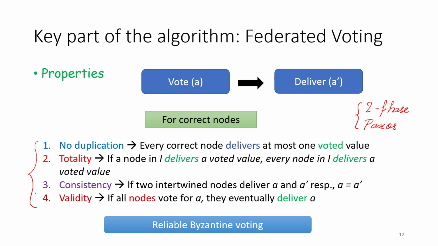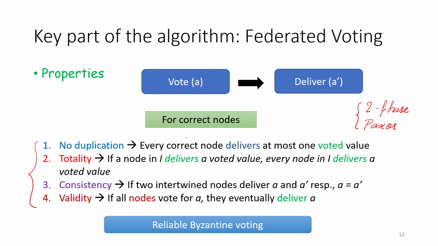For the correct nodes, federated voting would like to ensure these four properties. This is also known as reliable Byzantine voting. Mind you, voting is not consensus. Voting is a process which provides some safety guarantees, very little liveness guarantees, but let's nonetheless see what it is.